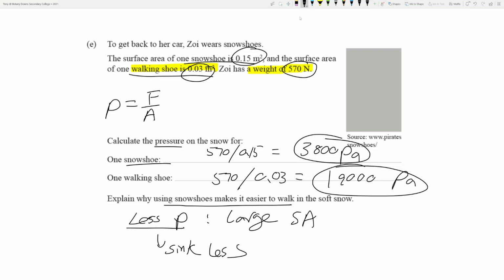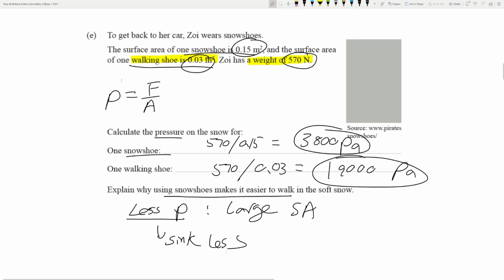Okay, if you've never been on a snow trip or been overseas, imagine walking in snow. You will sink into deep snow if you have too much pressure. So it's often quite nice to walk around in snowshoes that have larger surface area, which distributes your force more evenly, so you don't sink into the snow and get wet feet, because that's the last thing you want.